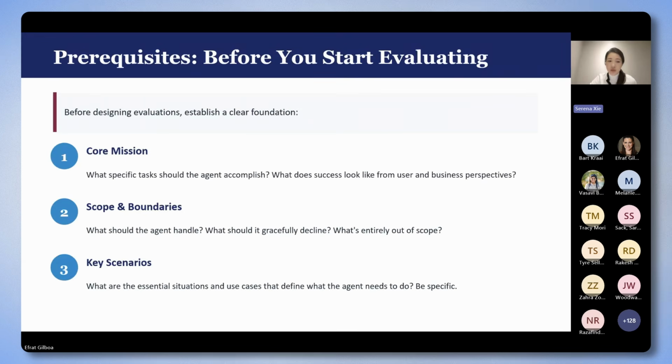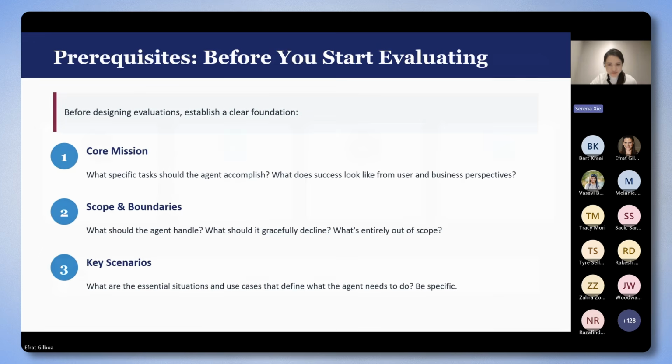First is the core mission of this agent. What specific tasks should the agent accomplish? Second is the scope and boundary of this agent. And the third is key scenarios, which are the must-handle situations, the things that if your agent can't do them well, it's not solving the problem that the agent was built for.